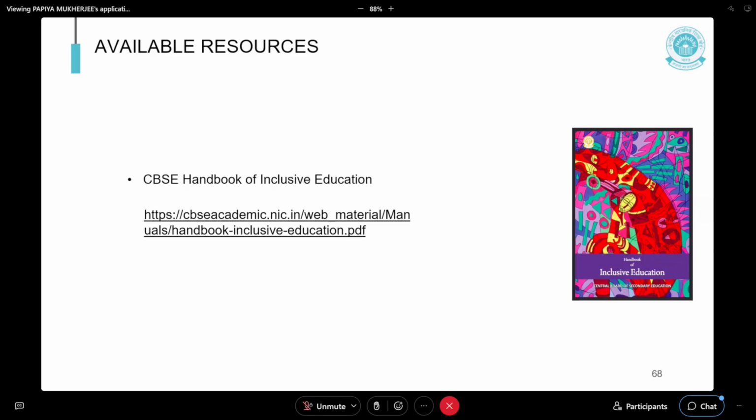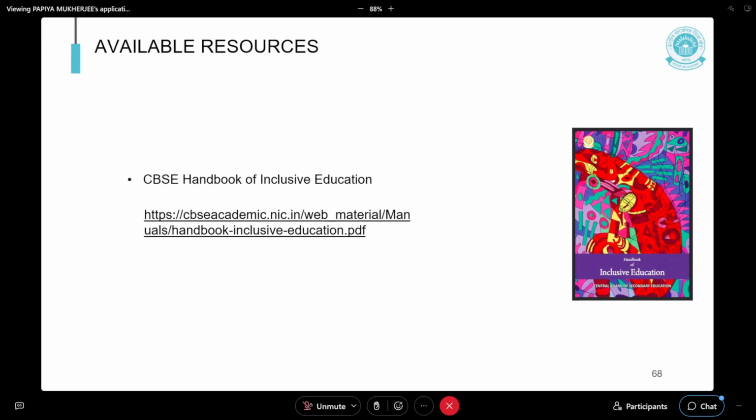Several resources are there. One thing for sure before we talk about inclusive education is we need to understand that it is our responsibility to take care of these students, by bringing about various kinds of changes, the accommodations that are required, giving them barrier-free access, and having the materials that would be needed.